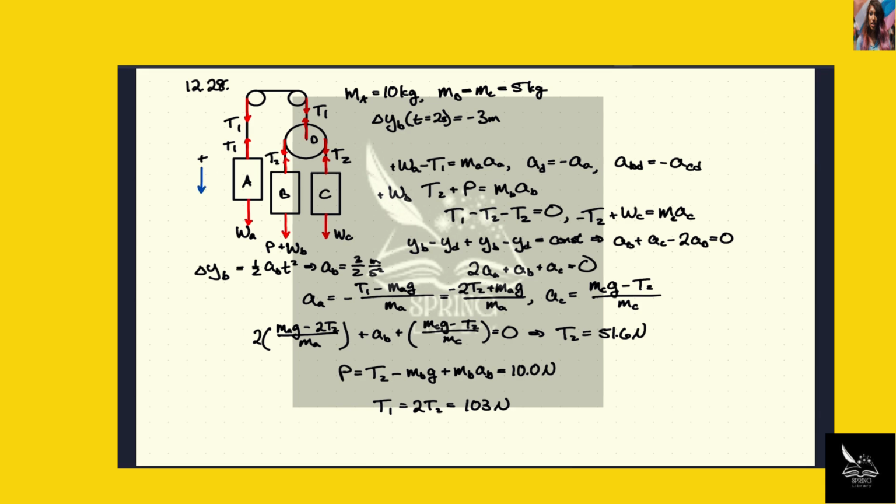We're going to call it positive down, and the force is acting on all of our blocks and on here, so we'll go through that. Let's say we're told that this block weighs 10 kilograms and these each weigh 5. We know that this block here drops 3 meters.